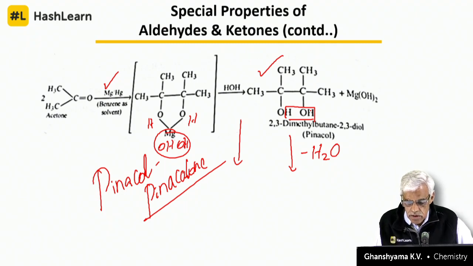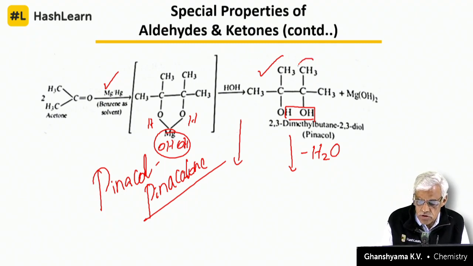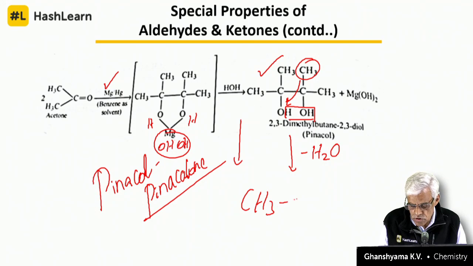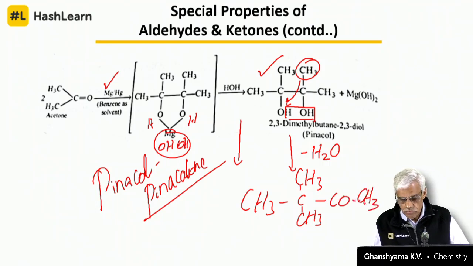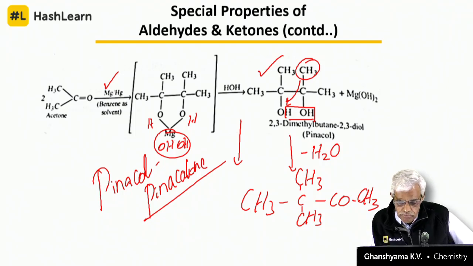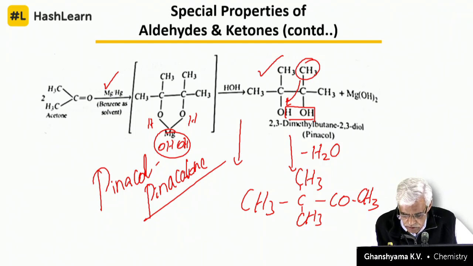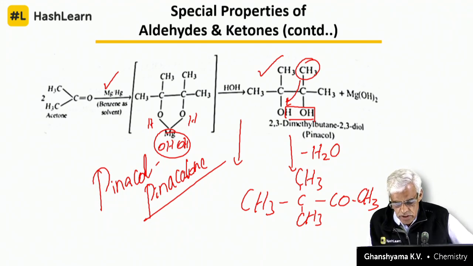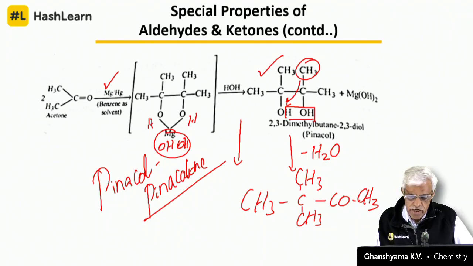Dehydration takes place and then this CH3 will be transferred here and O will be transferred there. You get (CH3)3C-CO-CH3. So, pinacol, an alcohol, is converted into a ketone, and during this there will be exchange of the keto group with the methyl group.